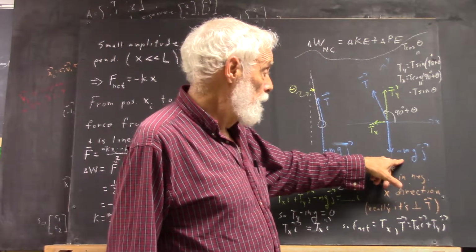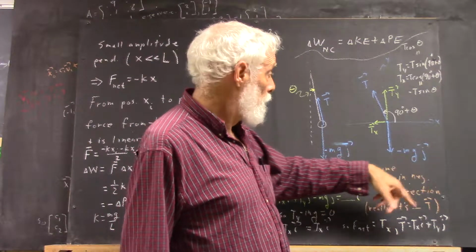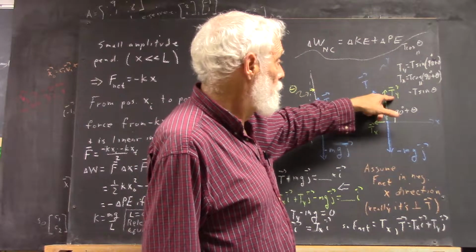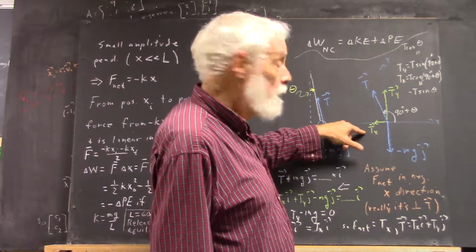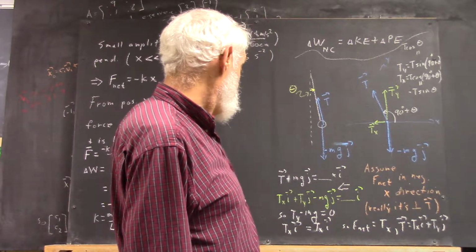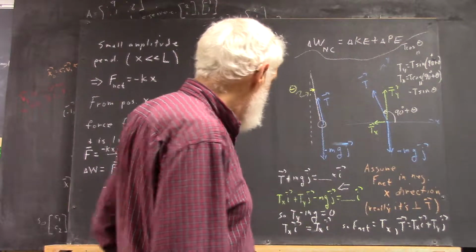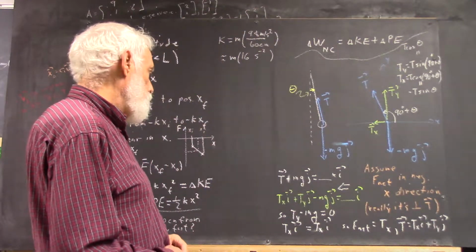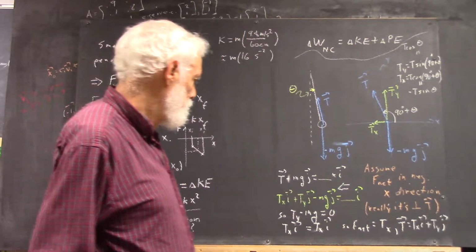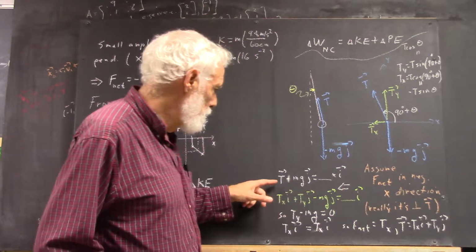Our gravitational force is negative mg j, and our tension resolves into Ty times j plus Tx times i, but we'll figure out that Tx is kind of negative. No, actually, I didn't do anything that would contradict that.